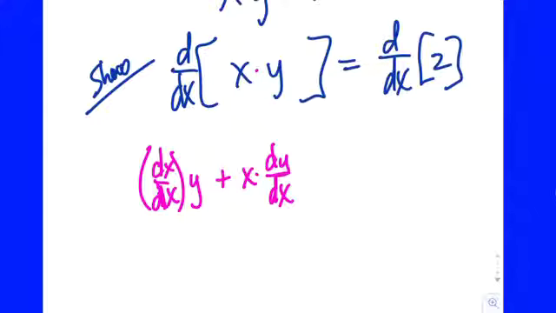Would you agree? Or 1 times y plus x times dy dx. Take the derivative of the first times the second plus the first times the derivative of the second. 2 factors generates 2 terms. What would then be the derivative of 2 with respect to x? Constants don't change, right? With respect to x, so that would be 0.